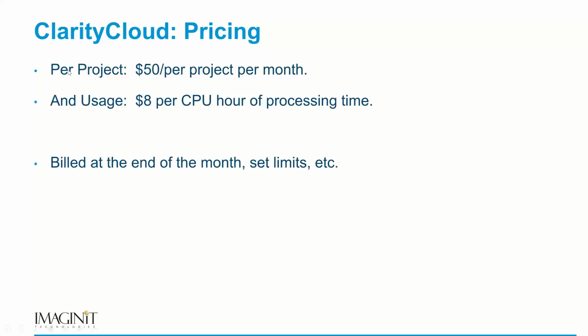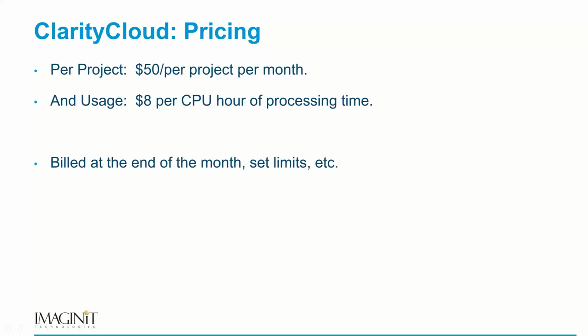So that's how it works. You sign up per project, and then also get billed per usage. At the end of the month you get the bill. You can set limits on the maximum amount you want to spend and that kind of thing. So ultimately it's usage based billing that you can control, how many active projects you have and how many CPU hours of processing you have.